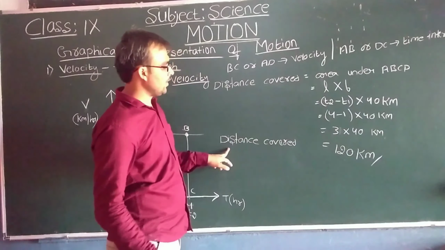We are not calculating the speed here, we are calculating the distance covered by the object. So t2 minus t1 is 3, and 40 is the uniform velocity. So we are calculating the distance traveled by the object in 3 hours, and it is 120 kilometer.